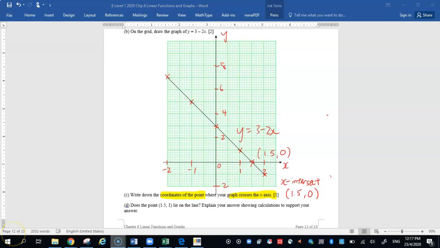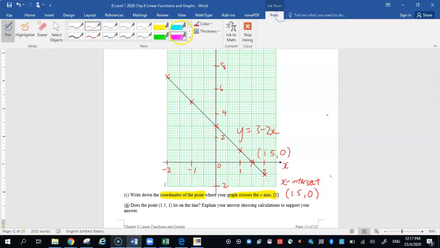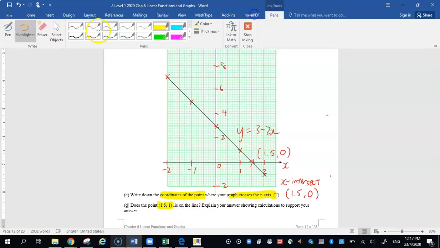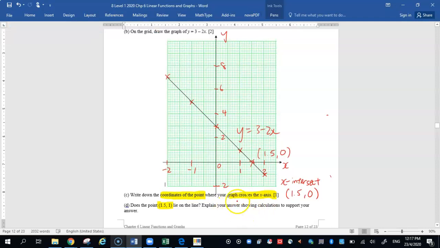Then the next part, you are asked whether the point (1.5, 1) lies on the line, using calculation.